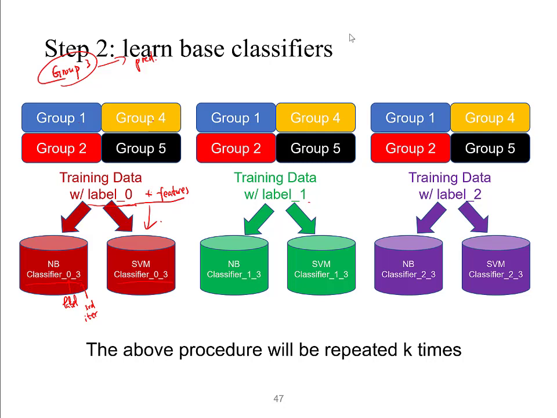It means we would have NB classifier IJ and SVM classifier IJ, where I is from 0 to 2, J is from 1 to 5. So you need all these different base classifiers.